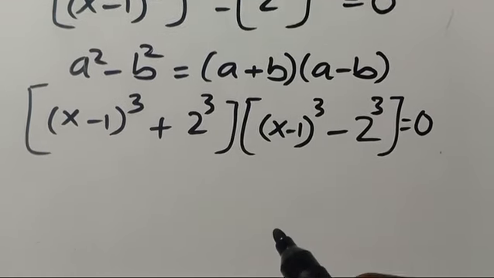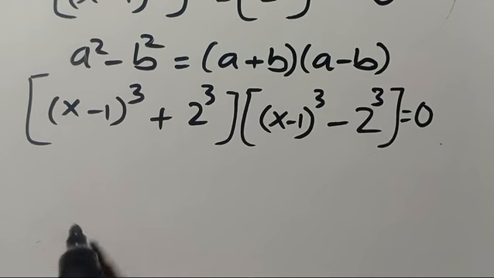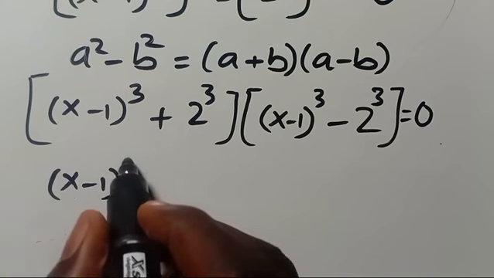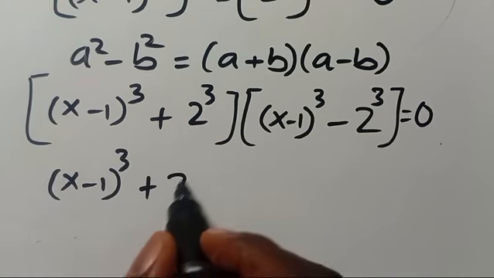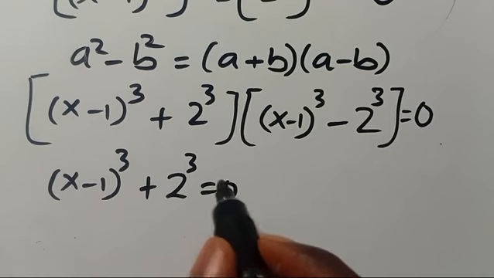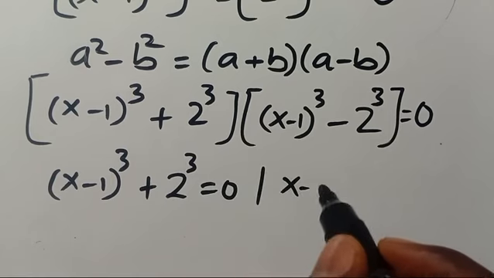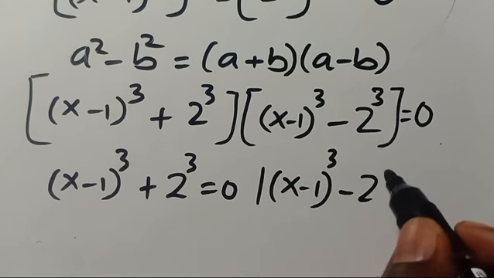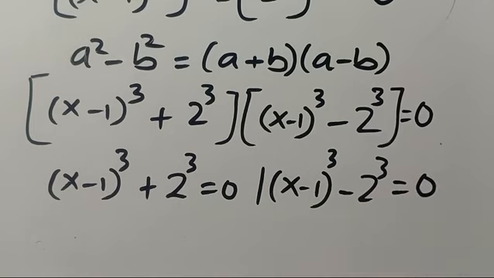Then what we are saying is that for this expression to be equal to 0, either (x − 1)^3 + 2^3 = 0, or (x − 1)^3 − 2^3 = 0.